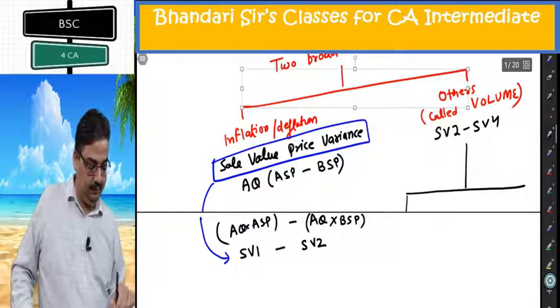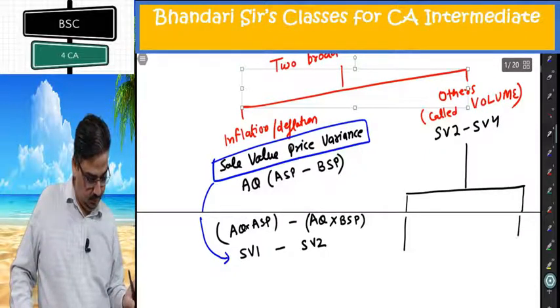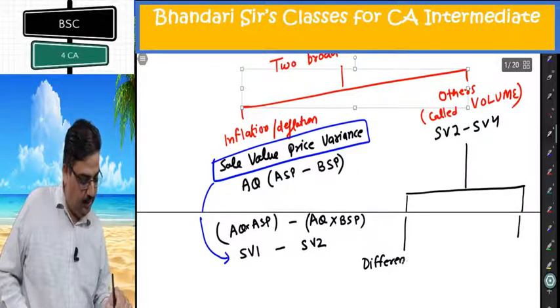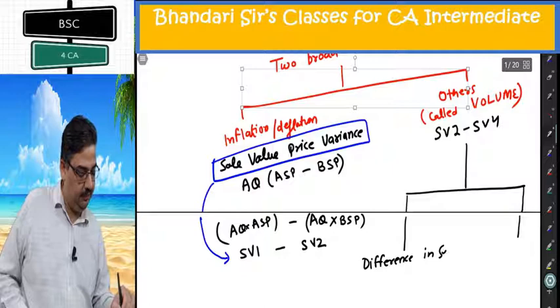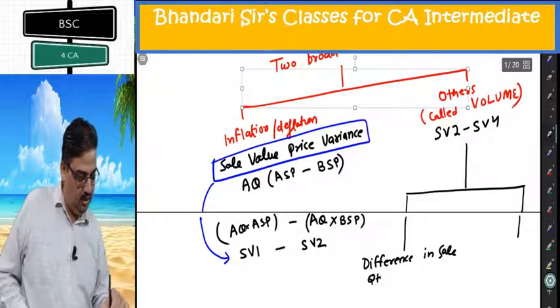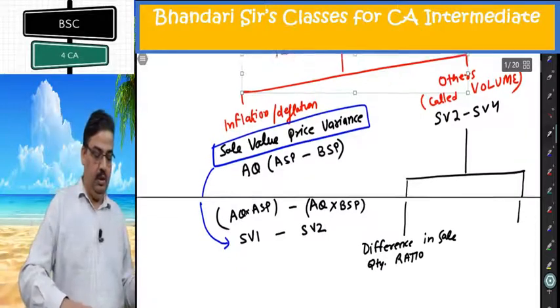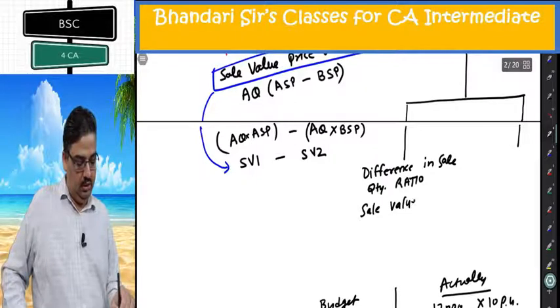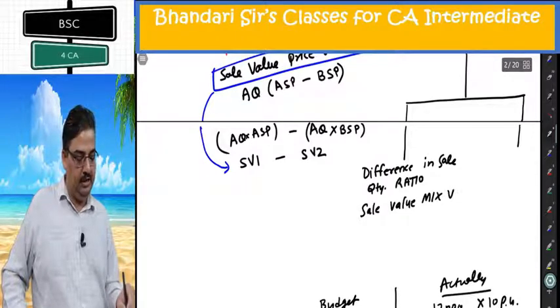Under this, difference in sale quantity ratio, it causes sale value mix variance.